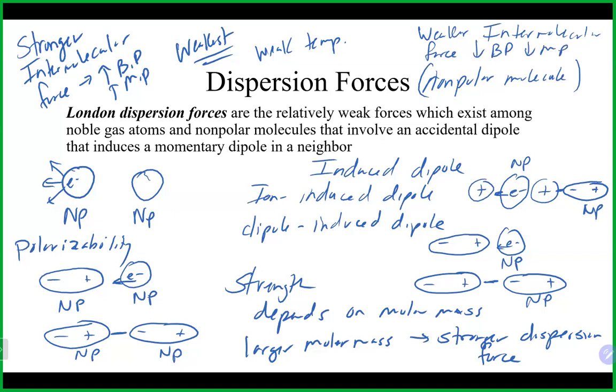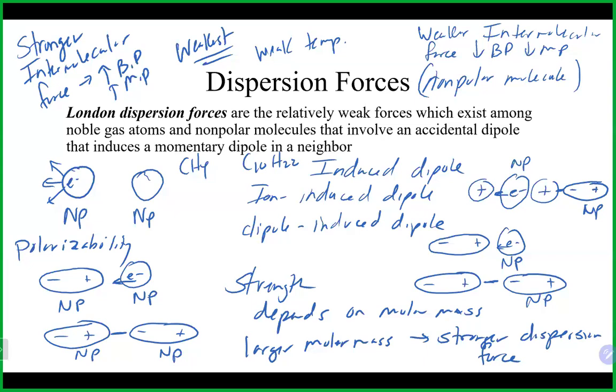So if you were comparing, for example, two nonpolar molecules, and one was, say, CH4 and one was like C10H22, the C10H22 would have the higher boiling point and melting point because it definitely has a lot more atoms, I'm sorry, and a lot more molar mass.